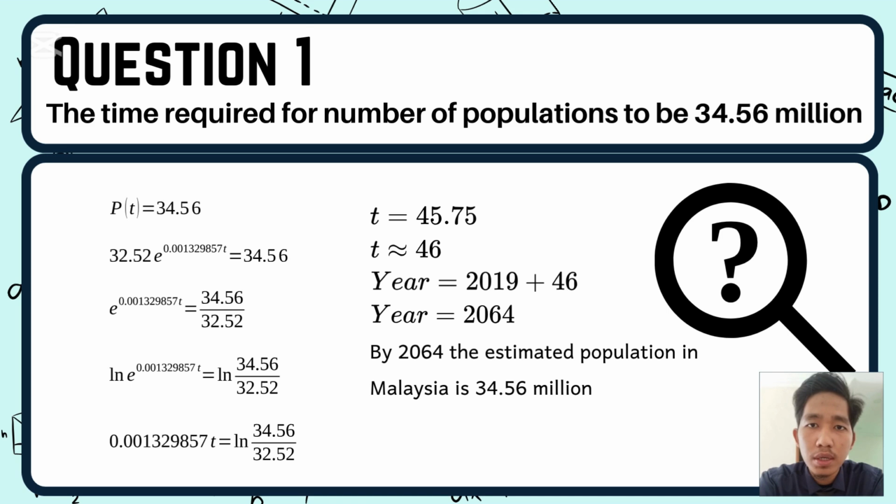In order to find the year, we need to add it to 2019 because that is our initial year. Then we get 2064. It means by 2064, the Malaysian population will approximately become 34.56 million.